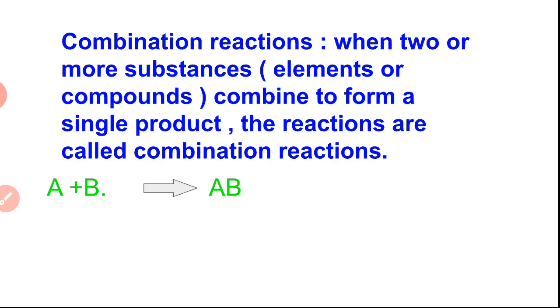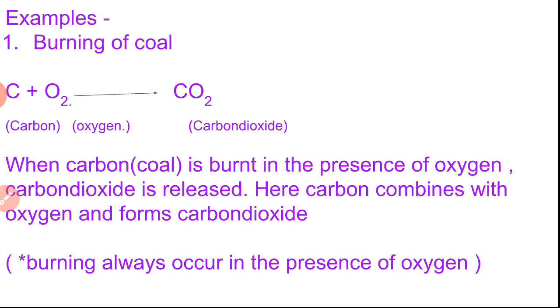Let us see some other examples of combination reactions. First is the burning of coal. We know that coal consists of carbon and burning takes place in the presence of oxygen. If there is no oxygen, burning can never take place.